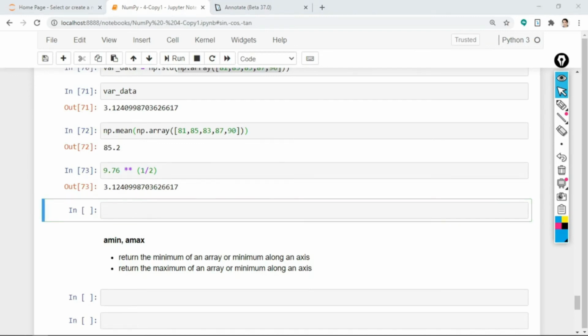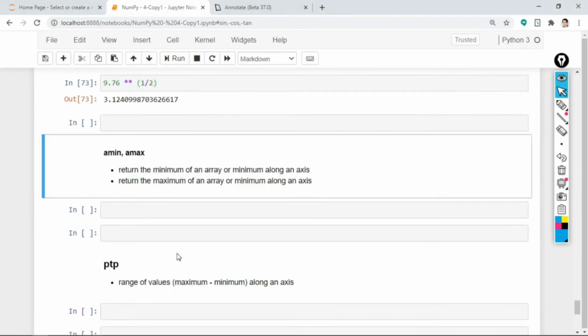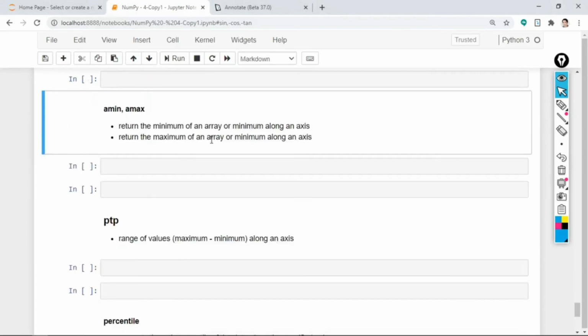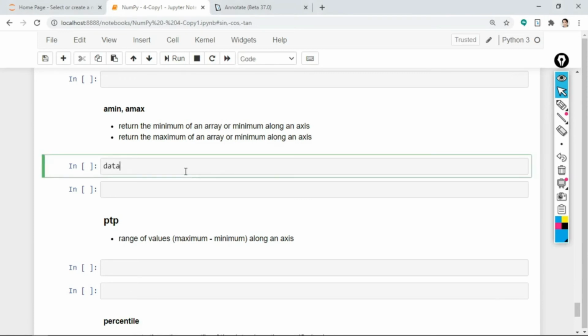Okay, so we also have the amin and amax. It returns the minimum of an array or minimum along an axis. So for example, we have data 3 equivalent to np.array.